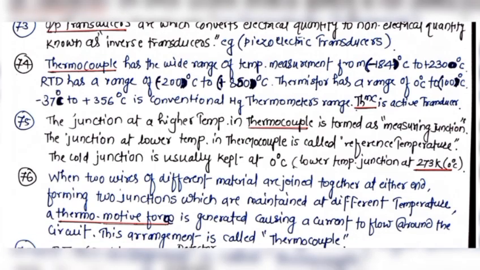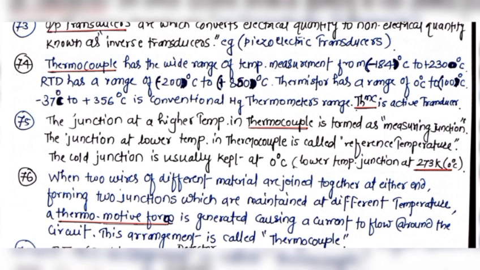Output transducers, which convert electrical quantity to non-electrical quantities, are known as inverse transducers. For example, piezoelectric transducers. Thermocouples have a wide range of temperature measurement from minus 184 degrees Celsius to plus 2300 degrees Celsius.